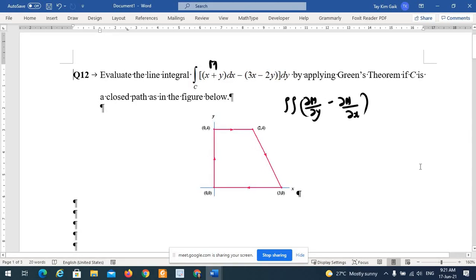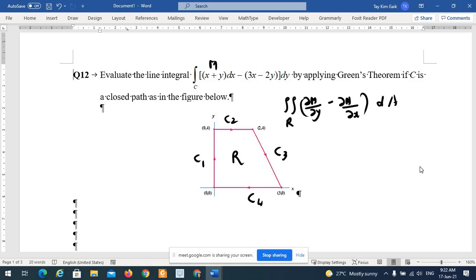So normally if you apply this formula, you have four curves here. Let's say this is C1, C2, C3, C4. They are clockwise closed, so it forms region R here. So instead of evaluating curves C1, C2, C3, C4, where you have to do the line integral four times, it will be easier if we apply Green's theorem.